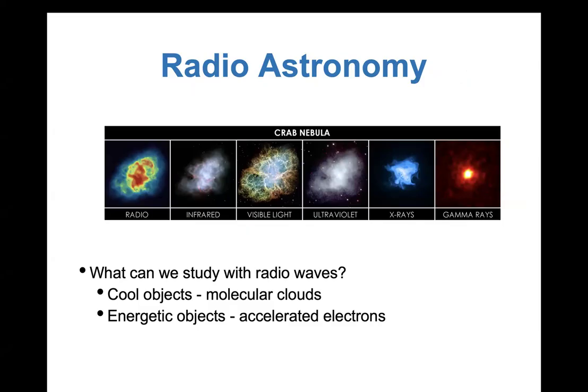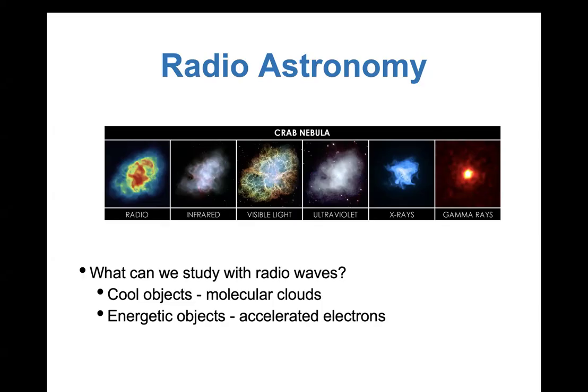Well, it turns out that there are lots of different things that can produce radio waves, but black holes are one of them. With radio waves, we can study really cool objects, things that are very low energy, like molecular clouds that have very slow motion and create radio waves through a version of black body radiation.